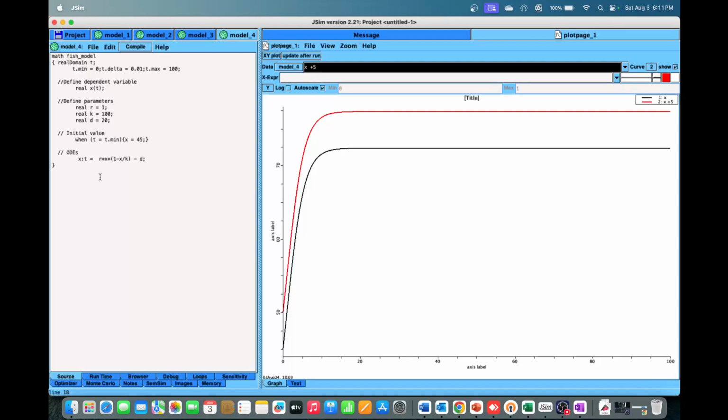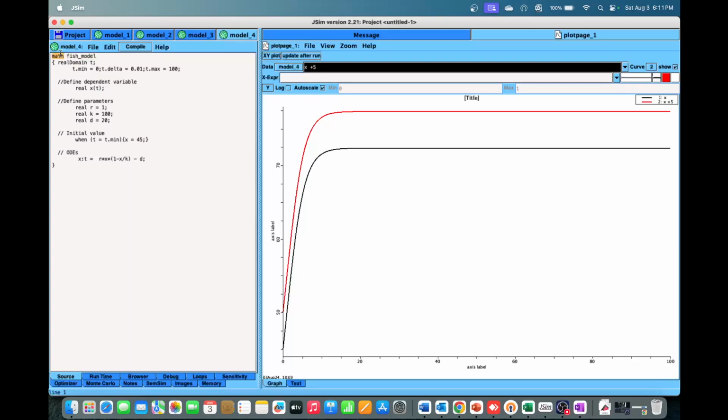What are the components of this code? So first is something that you define in the model. This is the name of your model, fish model, and math is denoting the type of the model.